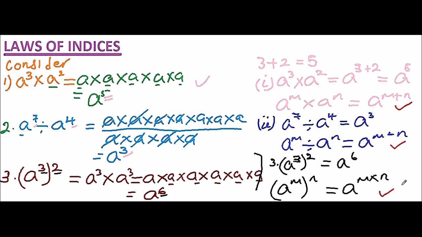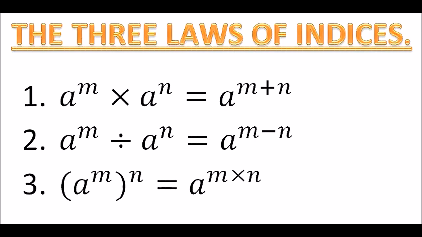So this is the first row of indices, the second row, and the third row. We are going to look at a few examples, but before that, there's something we need to note. The three rows of indices are: first, a to power m multiplied by a to power n is equal to a to power m plus n.